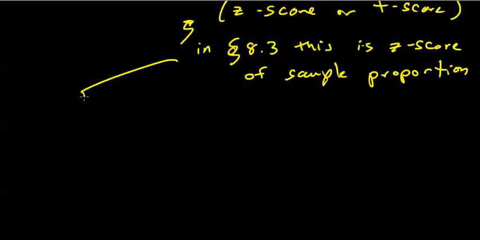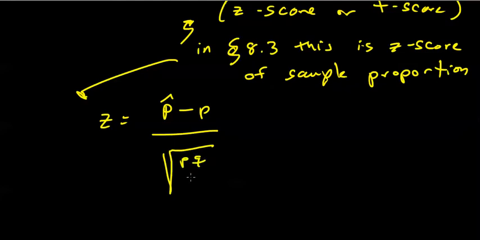Again, in 8.3, that z-score would be computed according to this formula, which should look somewhat familiar. P hat is a sample proportion. P is your population proportion, which is assumed to be known until otherwise proven, divided by root PQ over N, where of course Q is the probability complement of your population proportion, and N is your sample size.